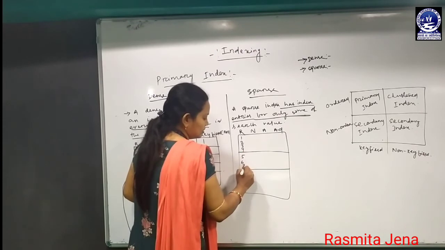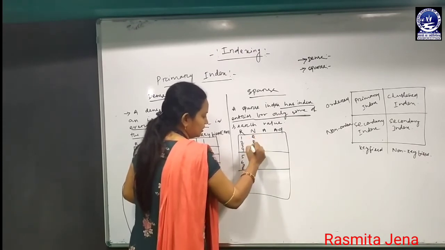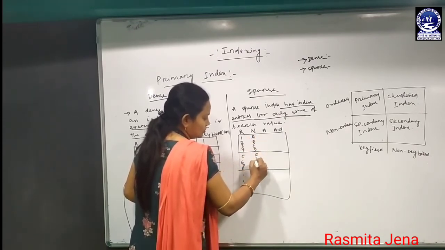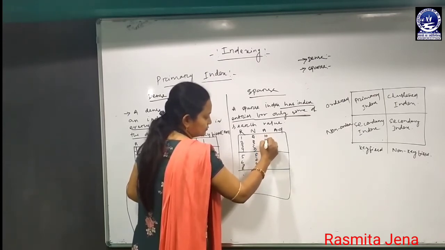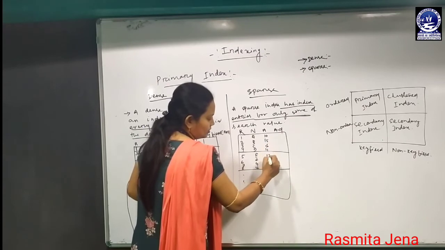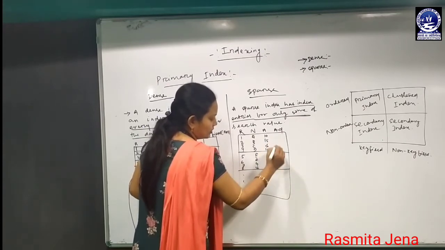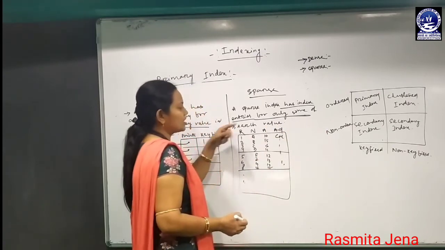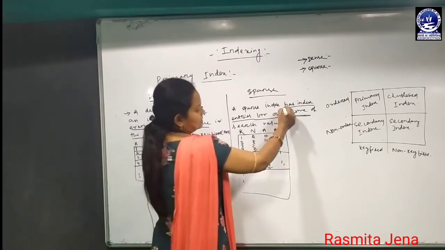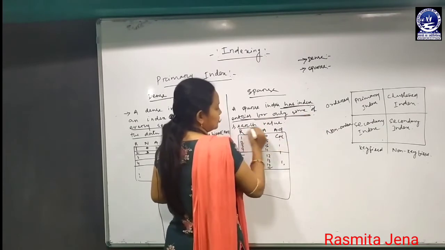Suppose these are the roll numbers, this is the name of the students, this is the age, and this is the address. And a sparse index has index entries for only some of the search values.